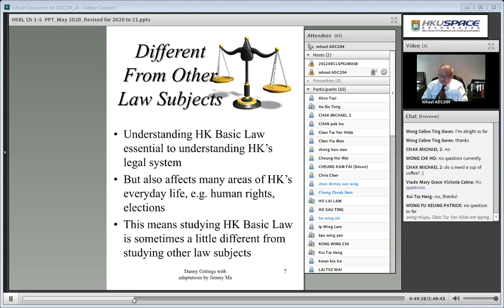What is the Basic Law, and how is it different? I think when you'll be doing a subject called legal system, there will be a little bit of overlap between the two.